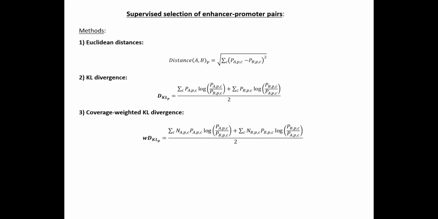We ranked all the pairs in the dataset according to their ability to discriminate between the training sets, and then analyzed the mixtures again with varying subsets of best pairs. The ranking criteria are Euclidean distances, KL divergence, or coverage-weighted KL divergence between the two training sets. Coverage-weighted KL divergence assumes that higher coverage provides more reliable information.